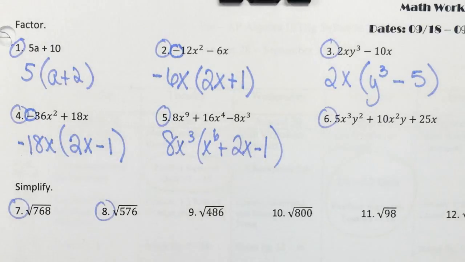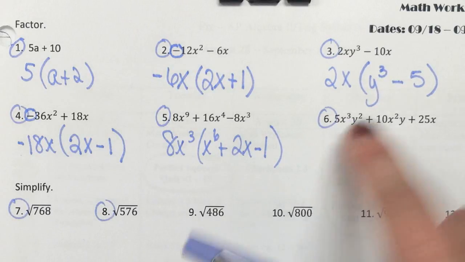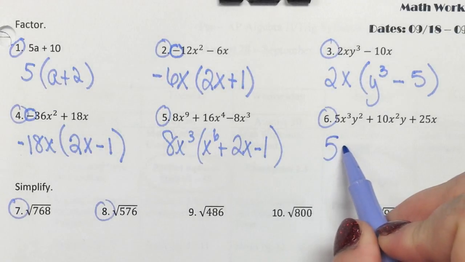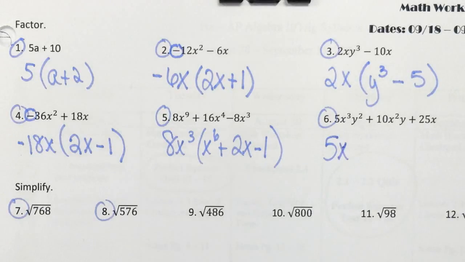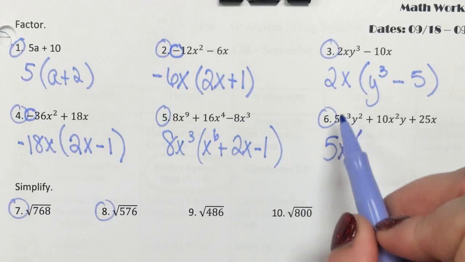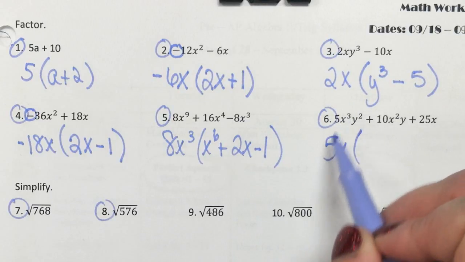All right, what about number 6? What's the number that divides into all 3 of those? 5. All right, do they all have an X? Yes. X to what power? 1. Very good. Do they all have a Y? No. So this last one doesn't have any Y's. All right, 5 divided by 5. 1.